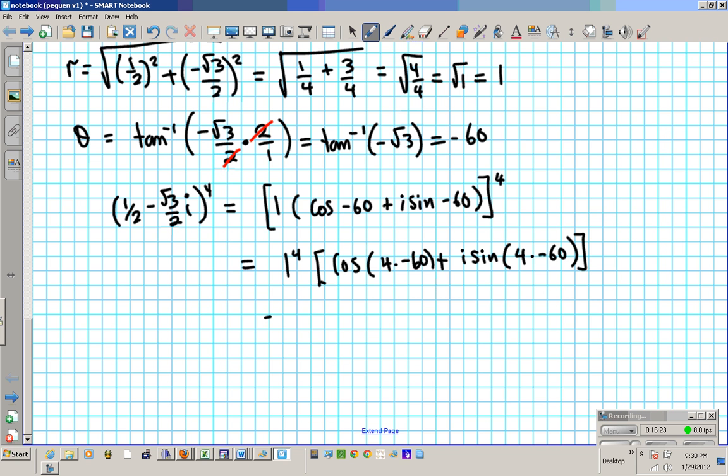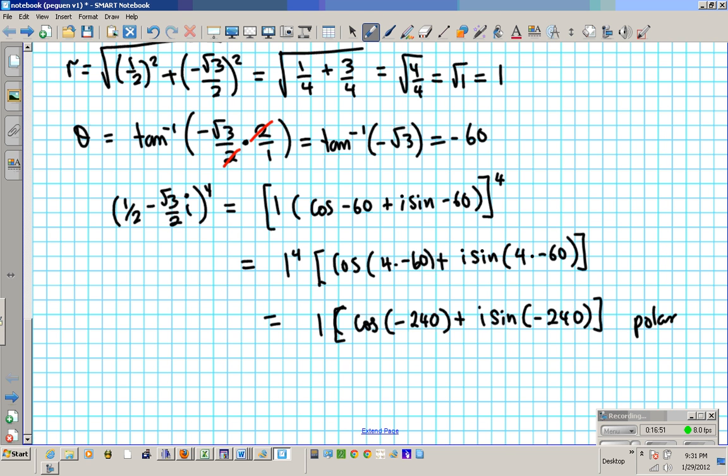So this becomes 1 times cosine negative 240 plus i sine negative 240. Okay? And then to finish this out, this is the answer in polar form.